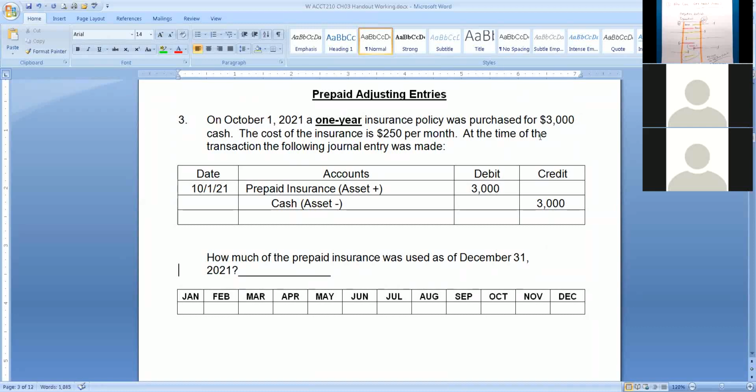The one-year insurance policy this time is for 3,000. And to get it, how much does it cost per month? We divide that by 12 months.